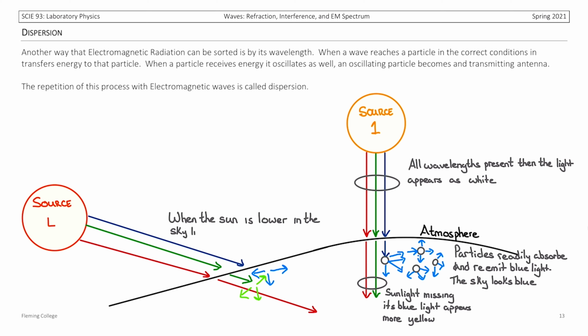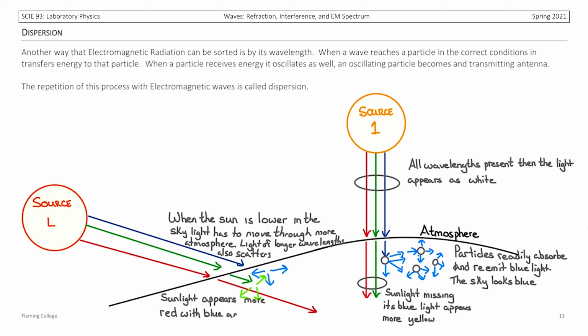So above that region will appear blue, but as light transfers all the way over to us through longer and longer stretches of atmosphere, only the red wavelengths, which are not readily absorbed by the atmospheric particles, will make it to us. And this will make the sun's light and the atmosphere begin to appear more and more red.